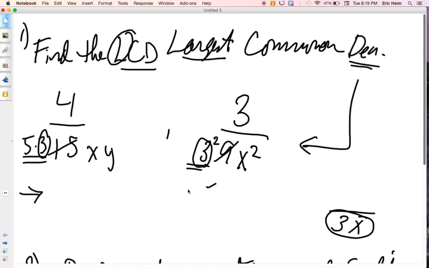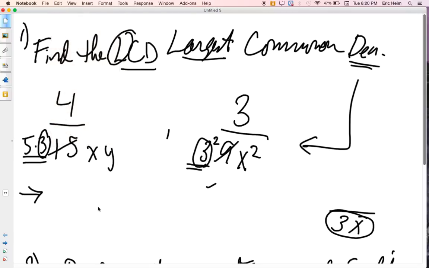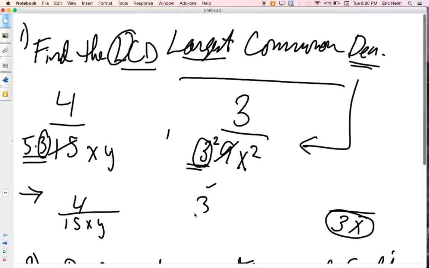Now, what it means to say that there is a common denominator of 3x is that both of these original expressions here can be divided evenly by 3x. So largest common denominator means that I can take 4 divided by 15xy, and I can take 3 divided by 9x squared.